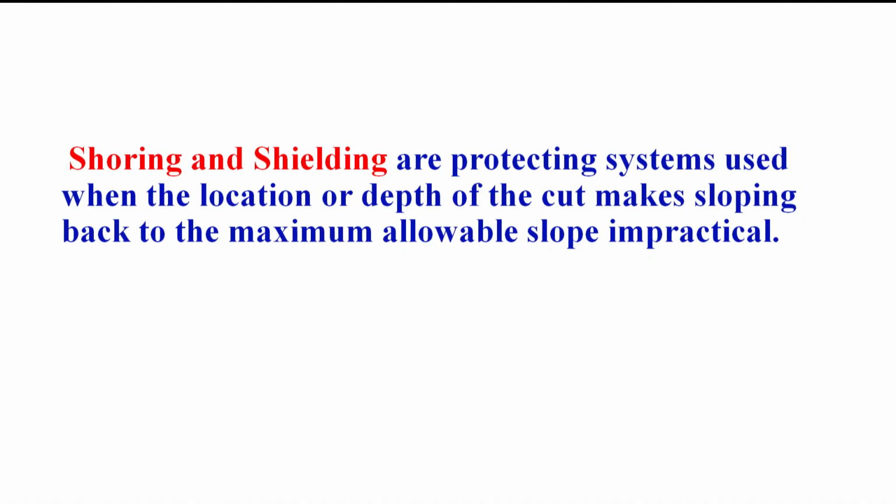Now, shoring and shielding, what are these? These are the protecting systems which are used when the location or depth of cut makes sloping back to the maximum allowable slope impractical. As I told you, there is a limit to the stable slope for different types of soils.